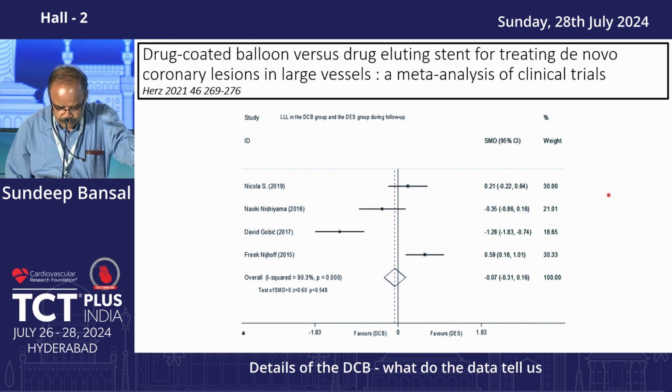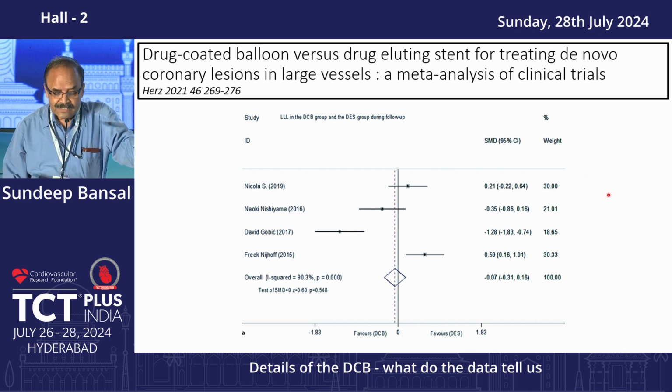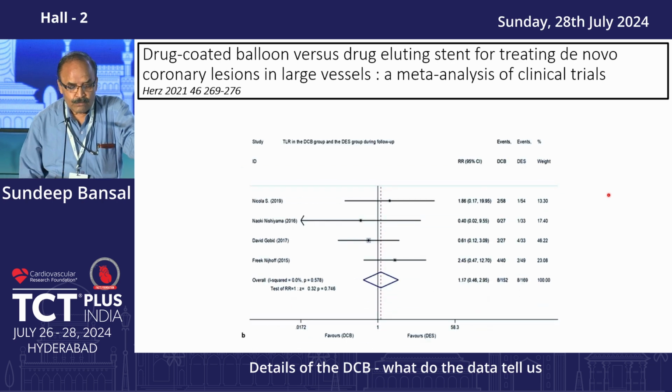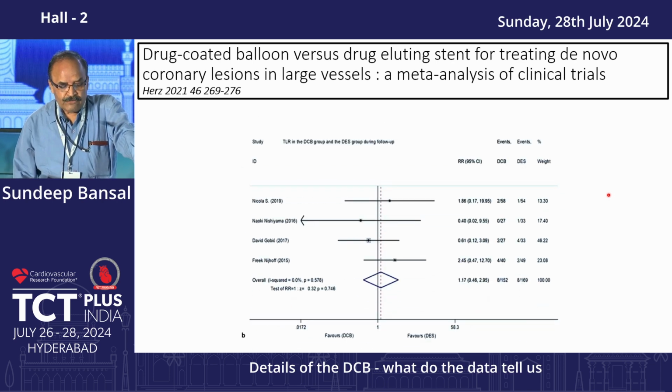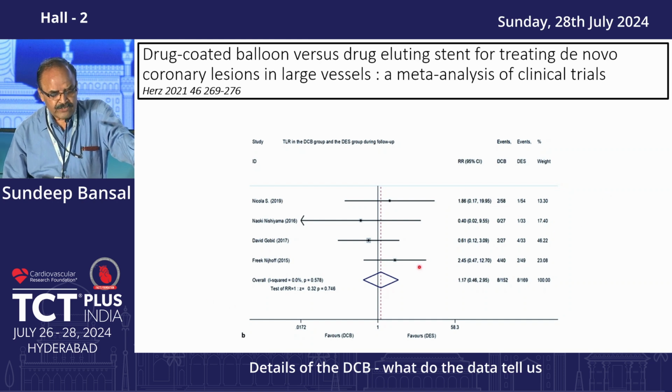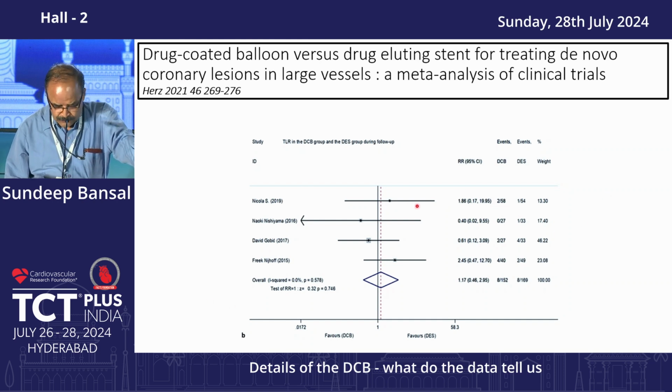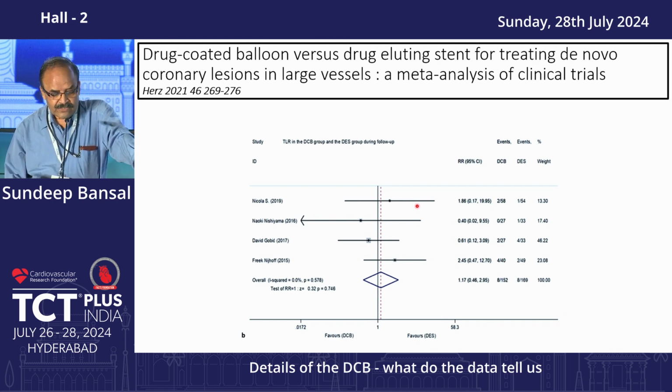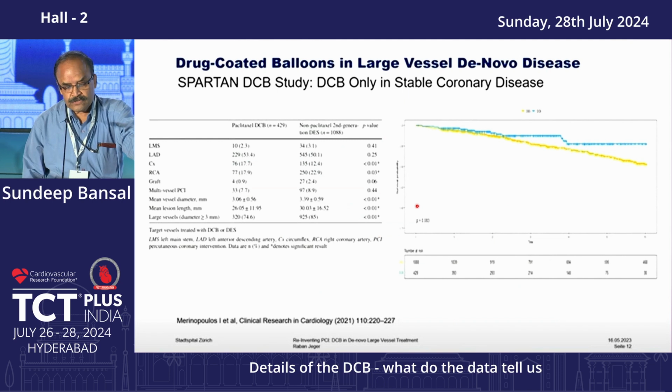The drug-coated balloons in the overall categorization are almost equal. If we compare in terms of target lesion revascularization, they are comparable, but the drug-eluting stents are slightly better in the larger vessels.